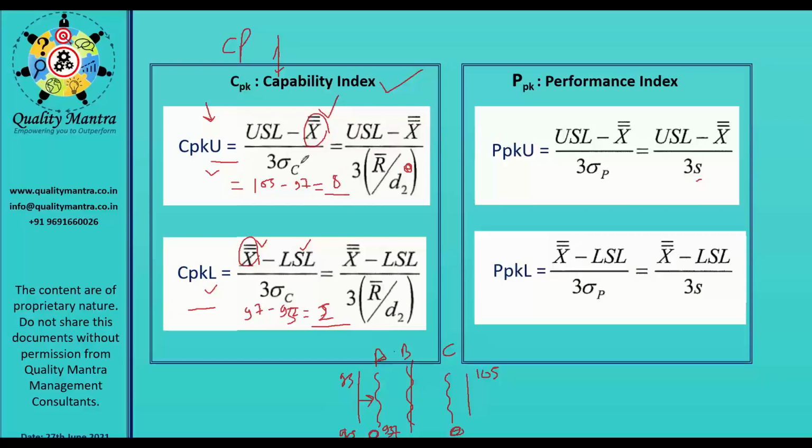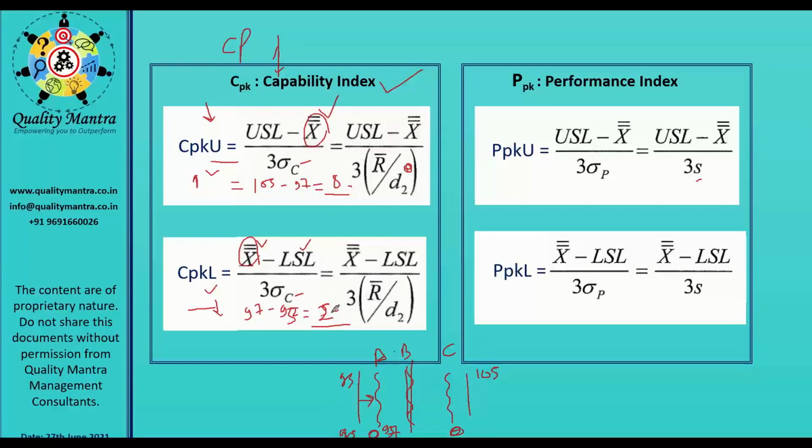Okay. So this value is same, 3 sigma c and 3 sigma c, it is same. So now you will get CPKU much more and CPKL is very low because numerator is 2 only, here it is 8. So you will get almost 1/4 of the value for this one. Got it? If you average it, it will go to the center. Again, you will have the best one.